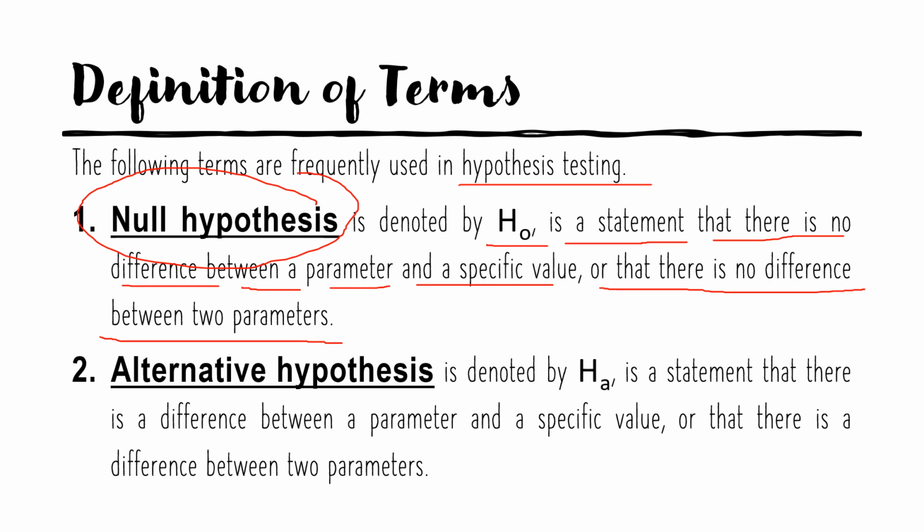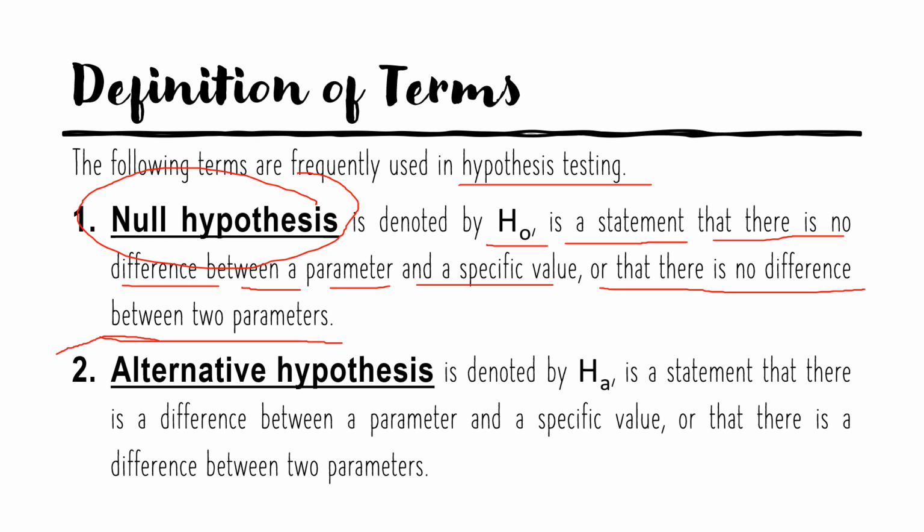Because it's nonsense dealing with a research that we accept the claim that the parameter is equal to your specific value. So again, as a researcher, we always want to prove that there is an existing difference between your parameter and specific value.